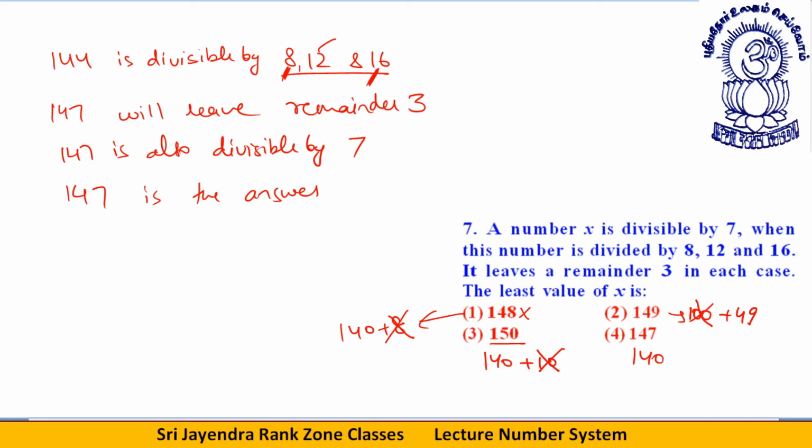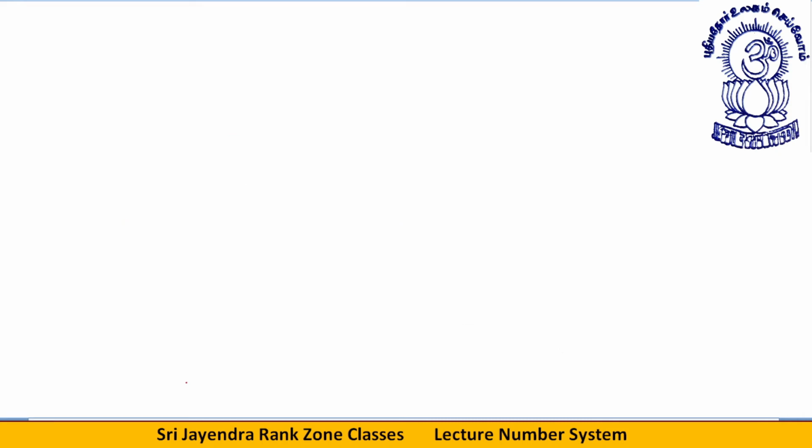So that way only this is the number which is divisible by 7, this is also divisible by 7. So amongst all these options, only 147 is divisible by 7. This is your answer. Okay, dear students, let's move to the next one.